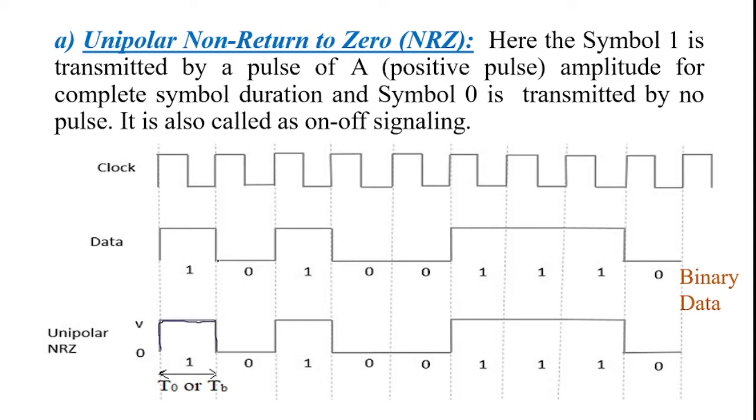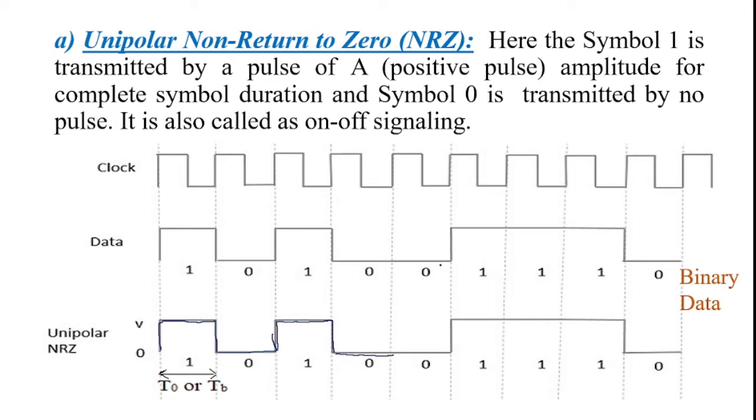And this is low in data. This low in data is represented as a 0, no pulse. Now this is the high in data. This is represented by a positive pulse. And this is low in data. There is no pulse.